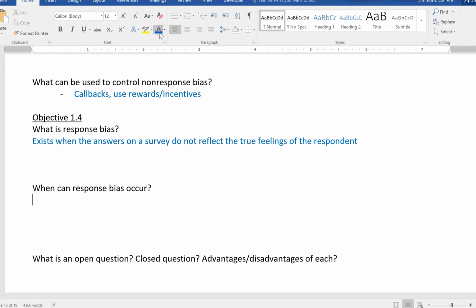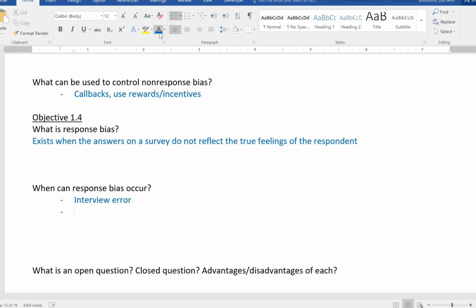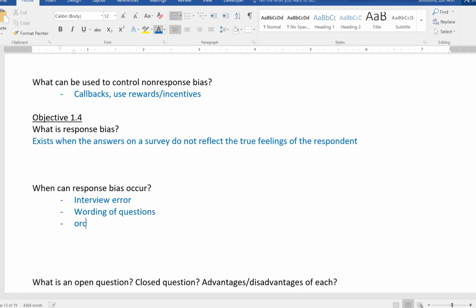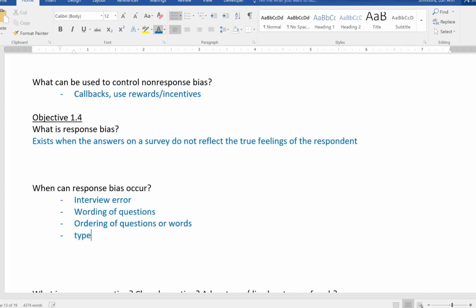And this can occur in an interview error, wording of questions, ordering of questions or words, or the type of question. So if it's closed or open.